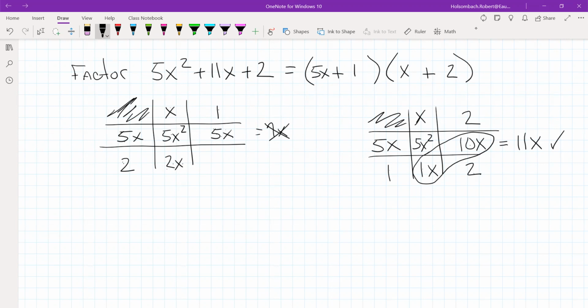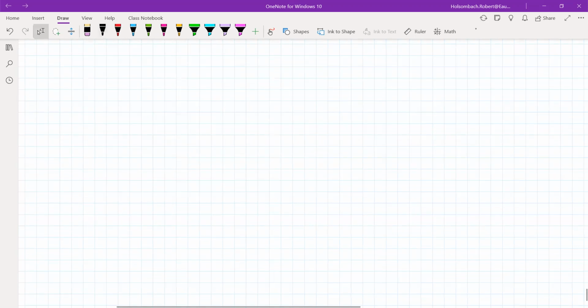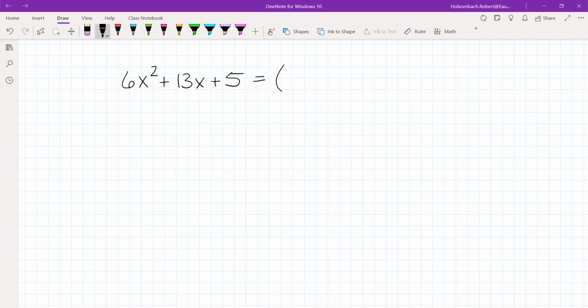All right, and I got one more example for you. Take a look at 6x squared plus 13x plus 5. Middle term and third term are positive, so both factors are positive.